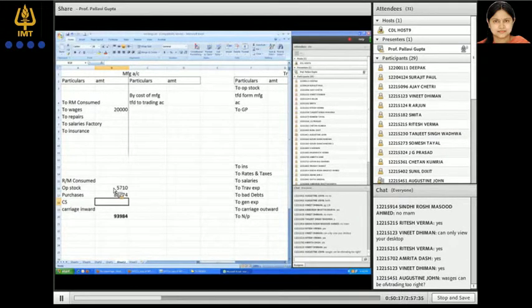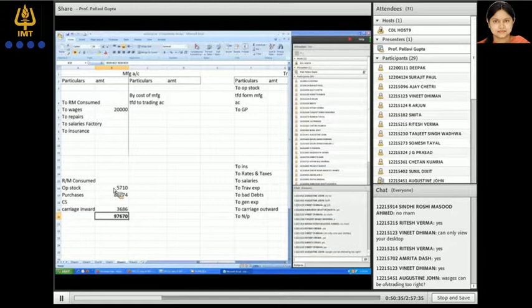Carriage inward is the transportation charges paid on the purchase of the goods. So it is related to purchase. I will take it along with the purchases here only in raw material consumed, because the price of the raw material will increase by the purchase cost.